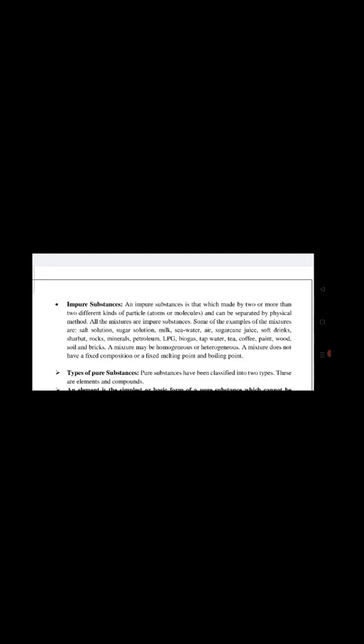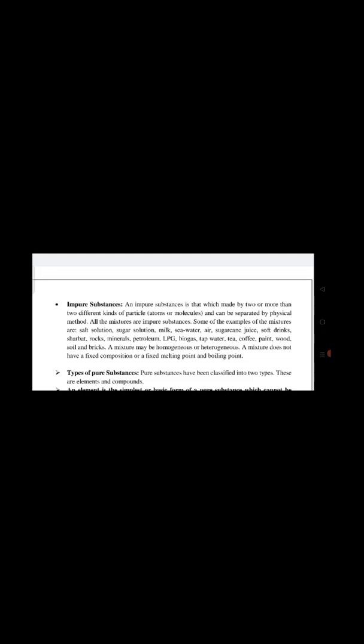Of course, in case of sand and water, through an ordinary filter paper we can separate them. If you pour the sand water solution into the filter paper, the water particles can pass through the filter paper and sand particles will be deposited over the filter paper. So in this way we can separate them by a physical method.